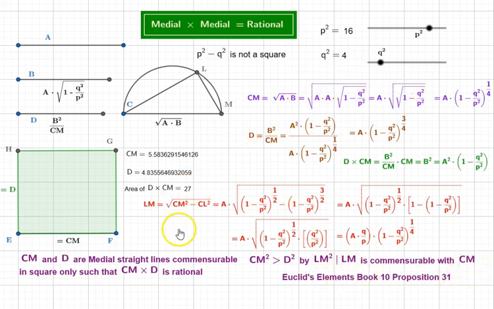Now, without using all these algebraic notations, Euclid did this in his book Elements, book 10, proposition 31. Interesting, right? That's it for now.